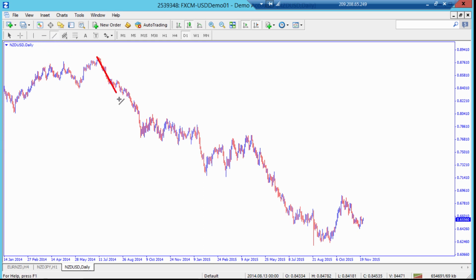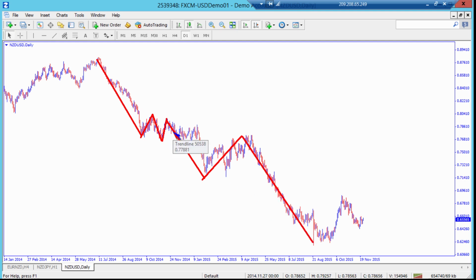Here's the high. Here's a low. Here's a lower high, lower low. Just showing you even on the smallest of time frames. Lower high, lower low. Lower high, lower low.